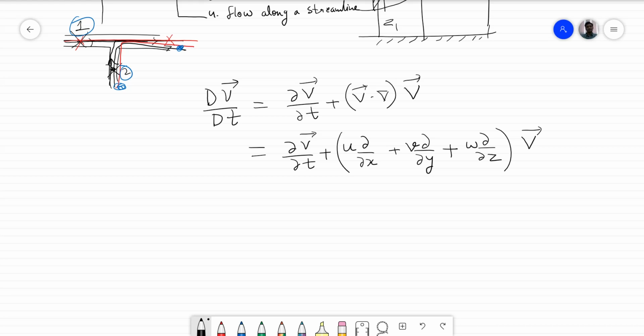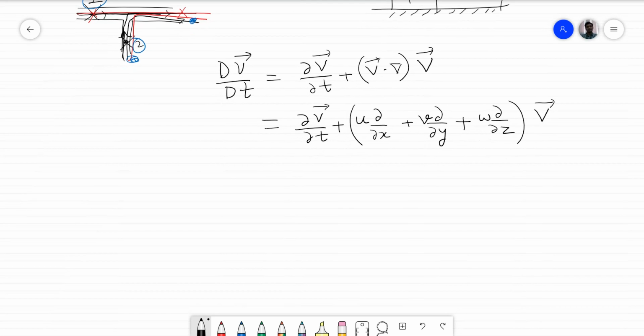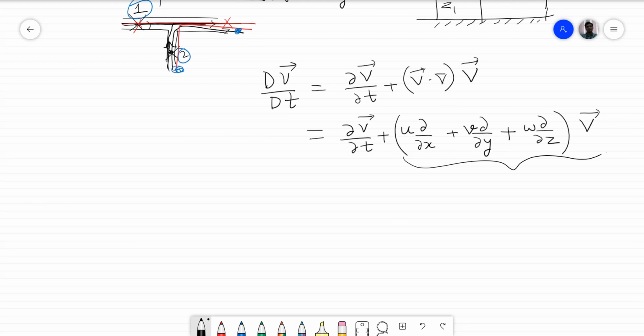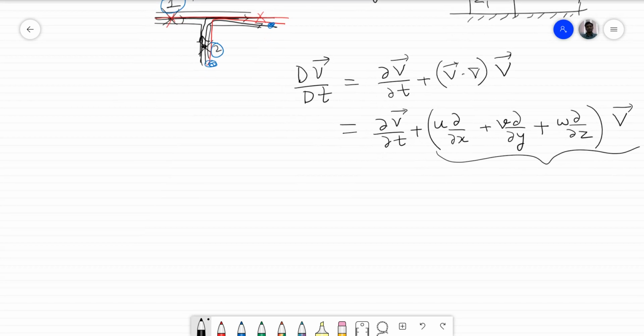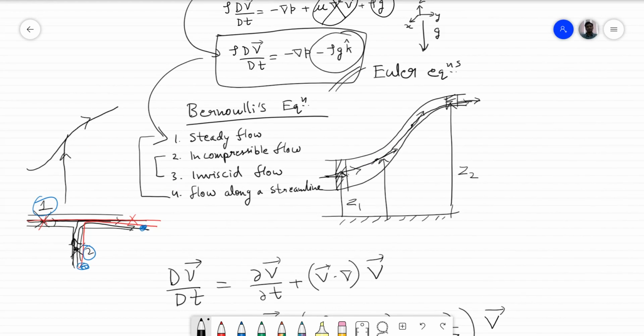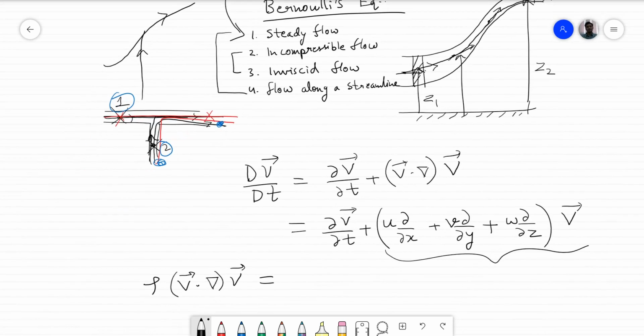Okay, now we'll not be using this expanded form here. We'll just write rho times V dot del V. This is equal to minus del p minus rho g k cap.